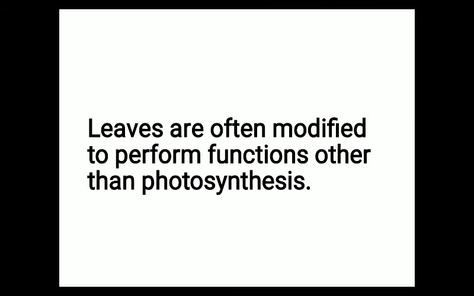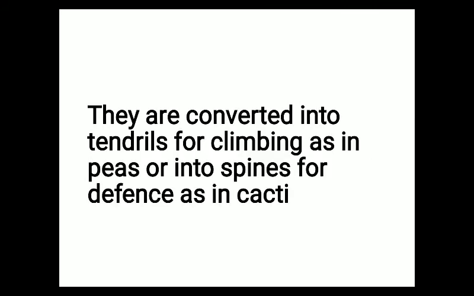Now we'll discuss the different types of modification. They are converted into tendrils for climbing as in peas, or into spines for defense as in cactus plant. In this slide we can see two modifications of leaves. First is modification of leaves to provide additional support to the plant.